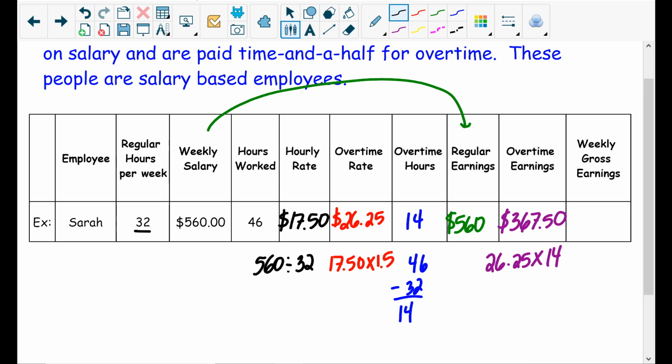Let's add them to get our gross: $927.50 for our gross total earnings.